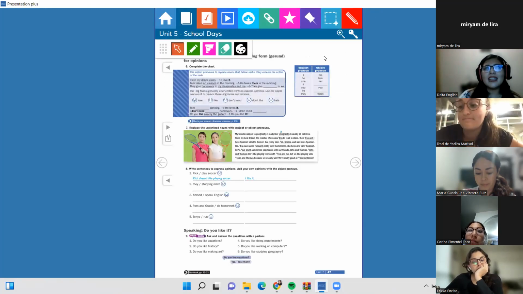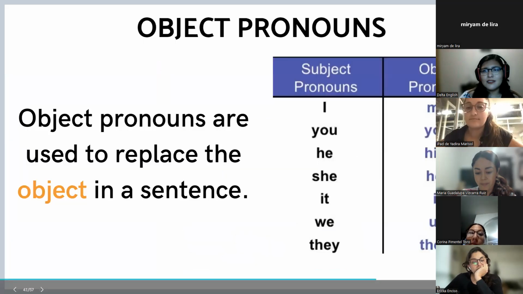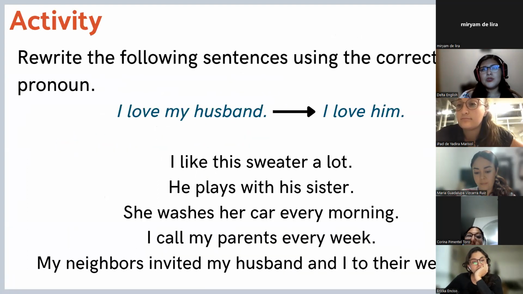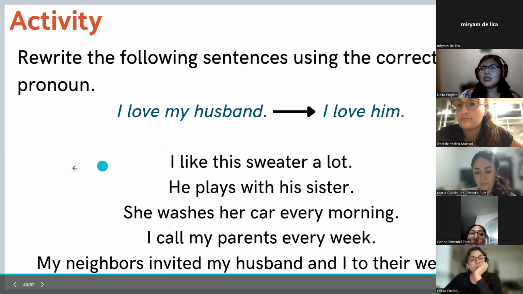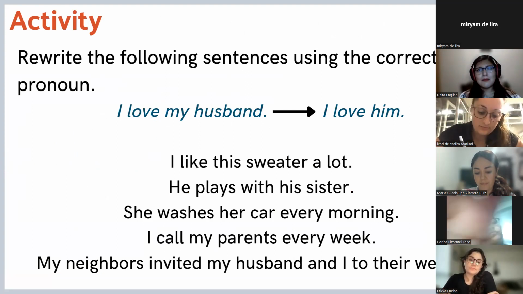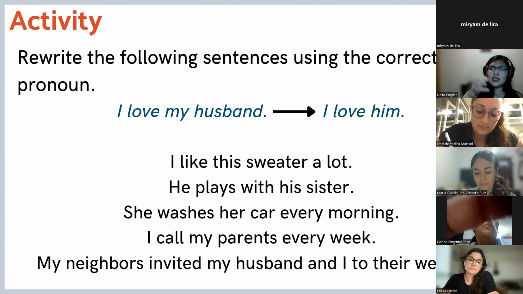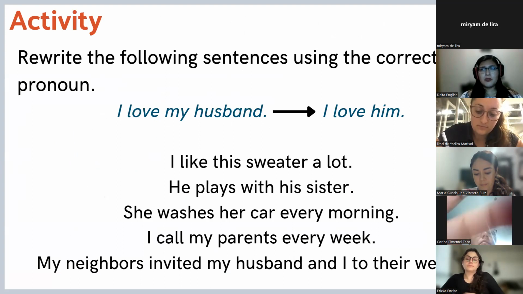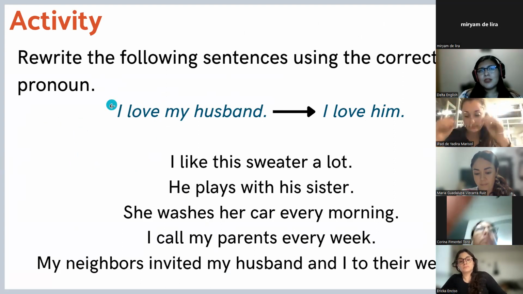So just to get a little extra practice, here's what I'll have you do. I have one more activity for you. And this time I'm going to show you a few sentences and I'm going to ask you to rewrite them. I'm going to ask you to change them. Instead of using the regular object, you're going to use the object pronoun. Here is the example that I have.